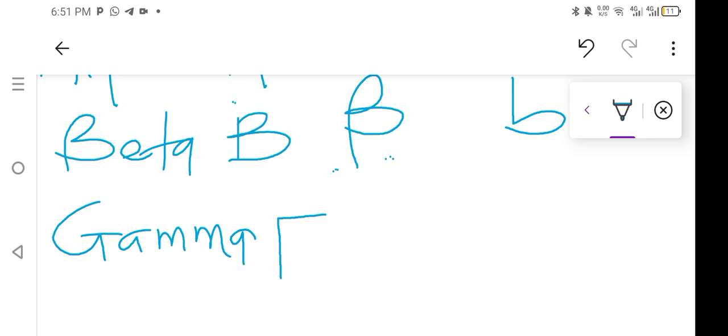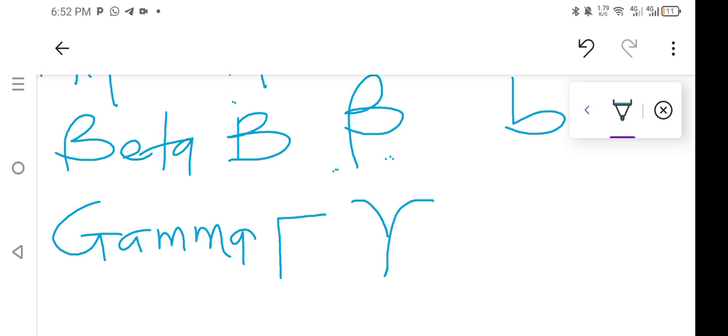Now the lowercase, the small letter for gamma, when you look at its appearance, you're going to think that it is the English letter Y, but it is not. So you're going to find something that is like this.